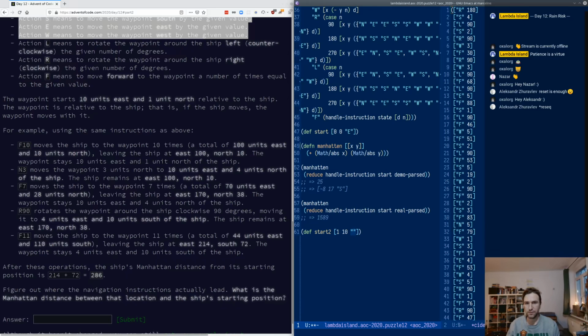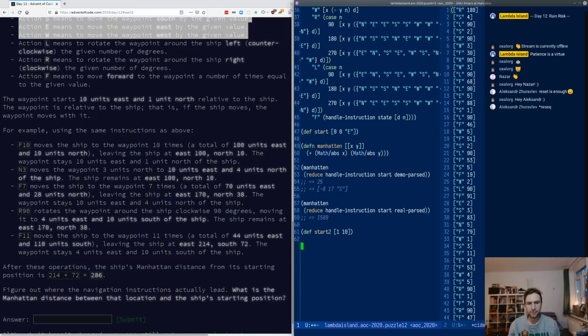Does it have a direction? No, not as such. It's just a 2-element vector. So that is its direction in a way. So this is 110.